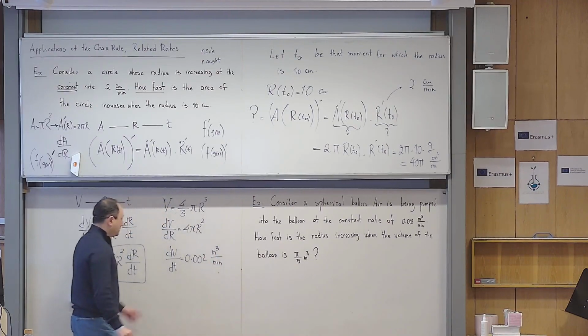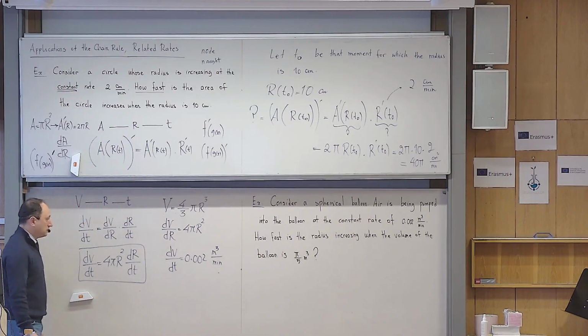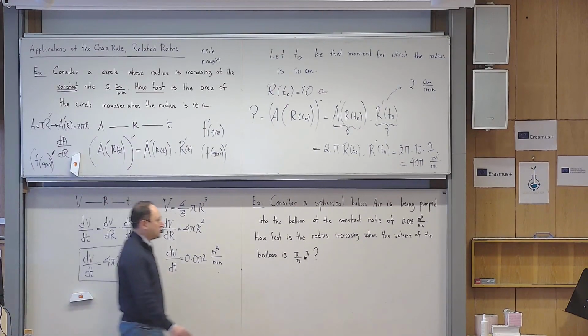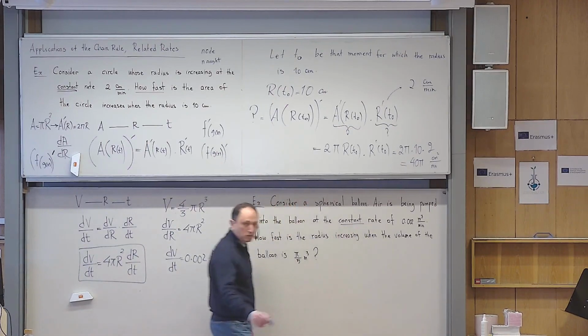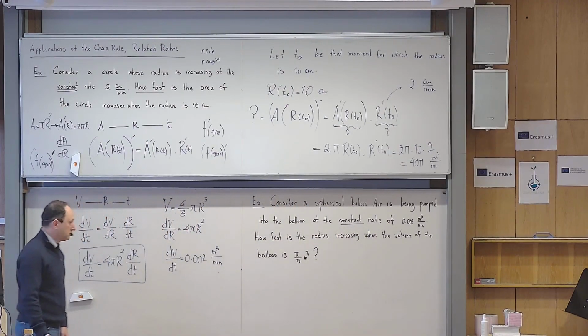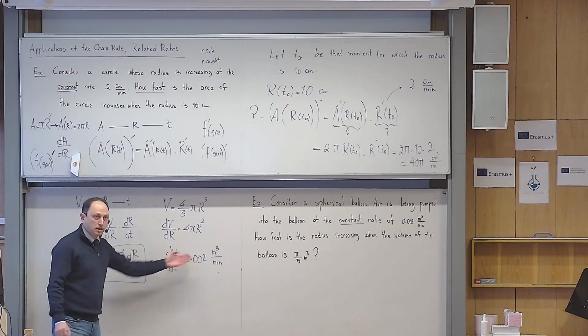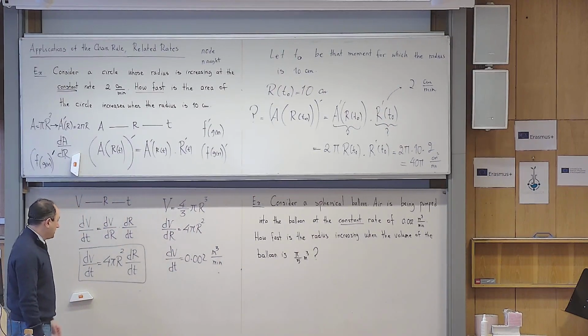And does this depend on time? In general, it might depend on time, but because of the adjective constant, this rate is constant, and this is always this number. So I do not have any problems with that number.